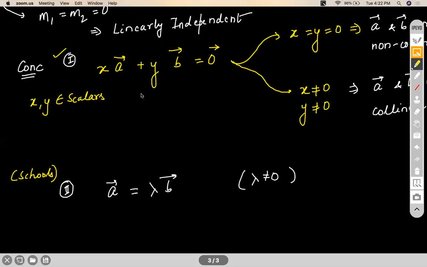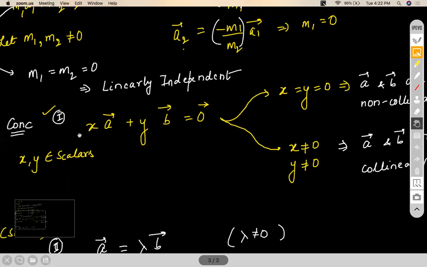Yes, sir. They would have just taught the second test, isn't it? Yes, sir, second only. This test is normally not taught in school because it is connected to the concept of linearly dependent and independent vectors, which is beyond your school syllabus.